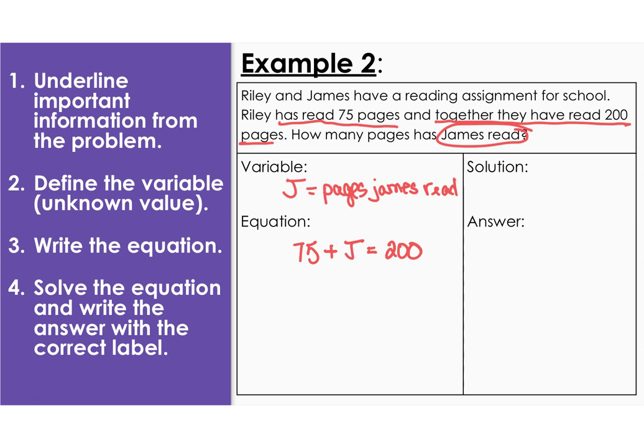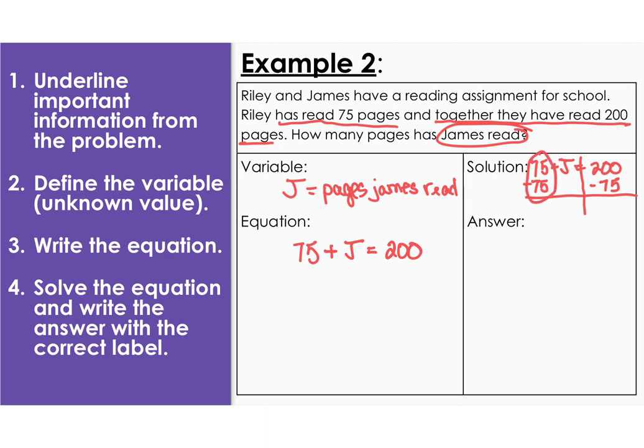Now we need the solution. So just like we learned before, I need to get the variable by itself on one side. I'm going to do the opposite operation. That's a positive 75, so the opposite would be subtracting 75.